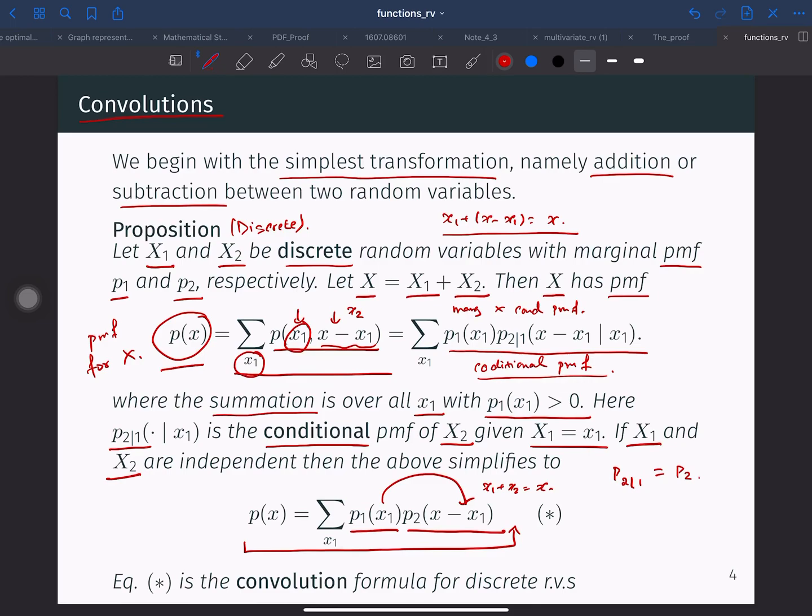This equation here is known as the convolution formula for independent discrete random variables.